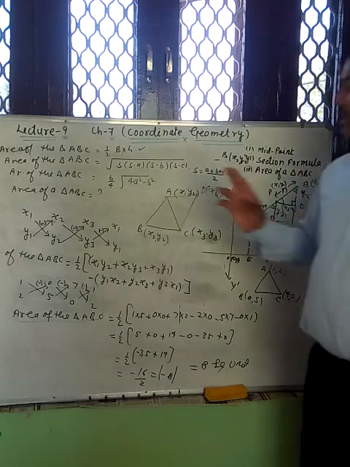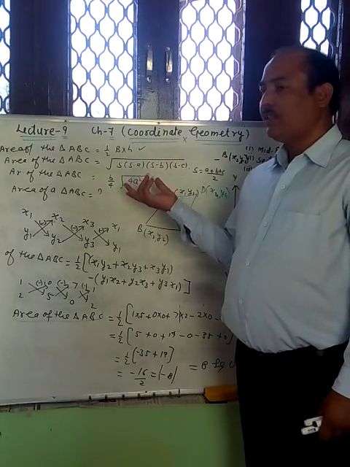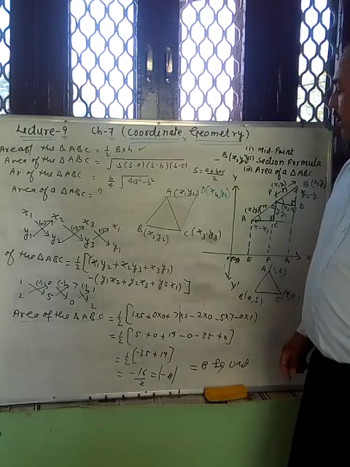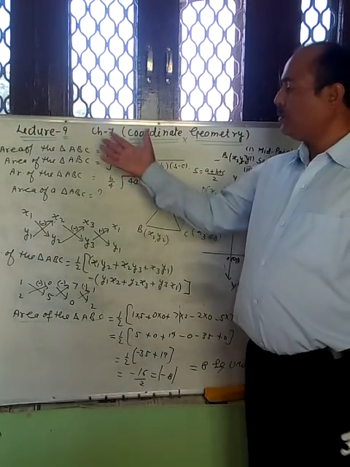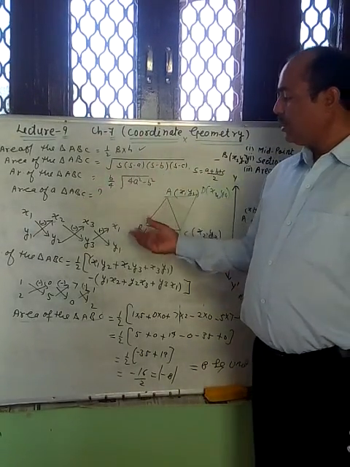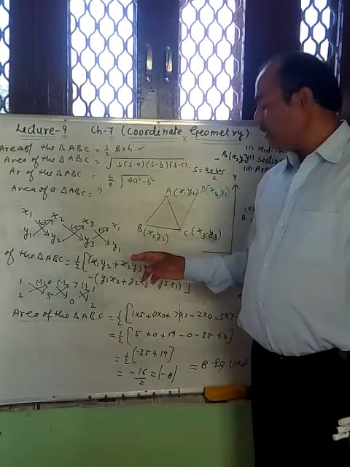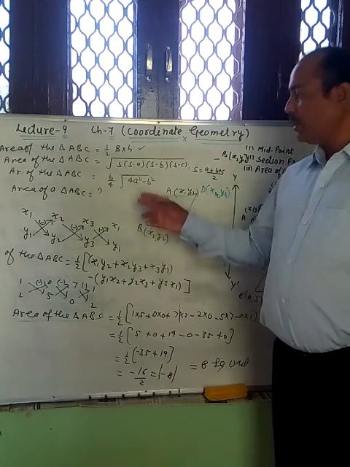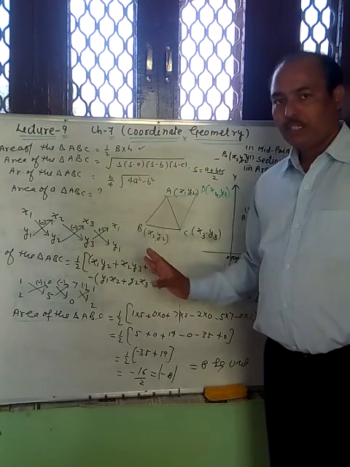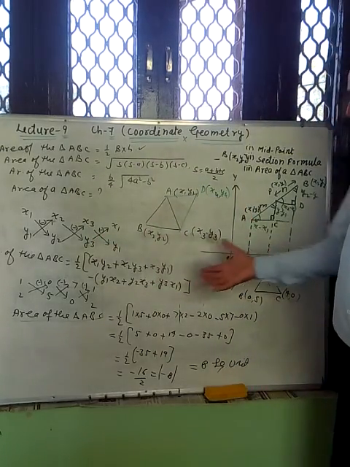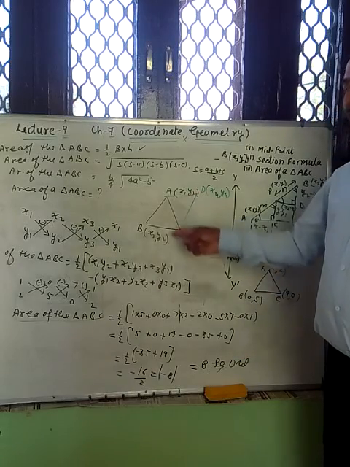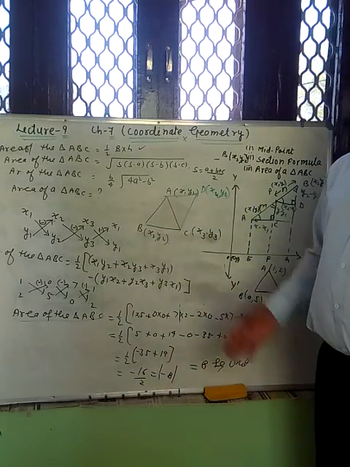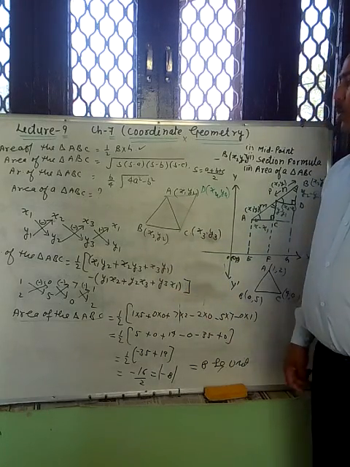We discussed the distance formula in the previous lecture. There are two methods to prove collinear points: with the help of the distance formula, or by finding the area of the triangle. If the triangle's area is equal to 0, then the points are collinear.